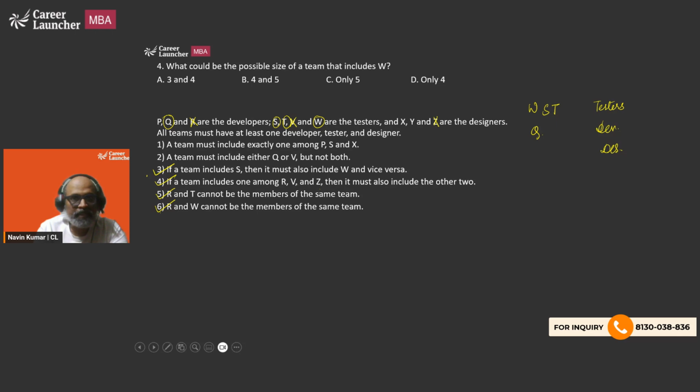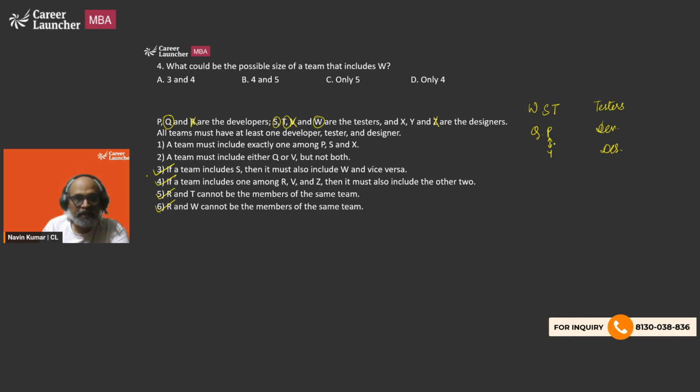Also, a team must include one among P, S, and X. So between P, S, and X, if we bring in P, then X cannot come in. We can have a Y. So basically, if we bring in a P, then Y will come in.